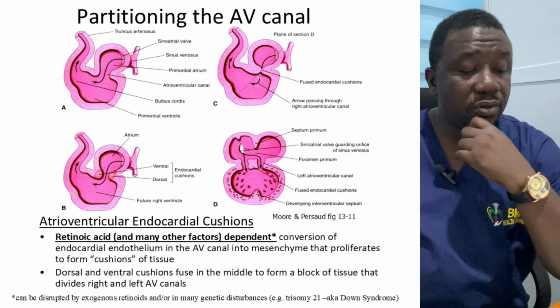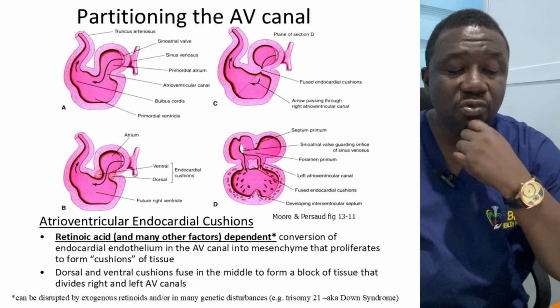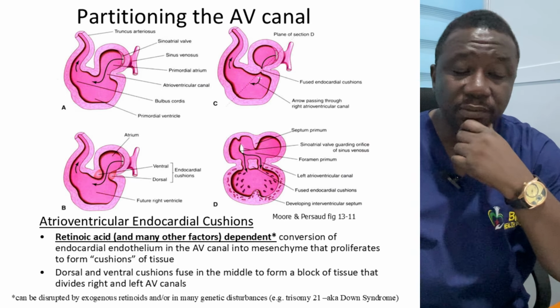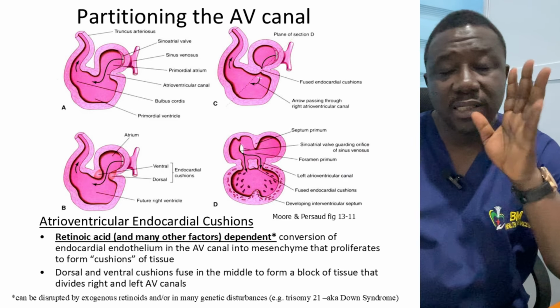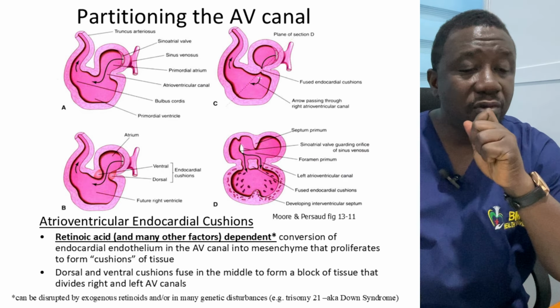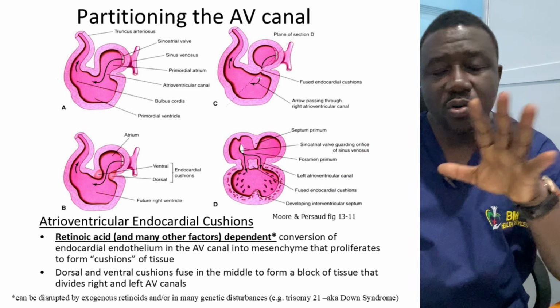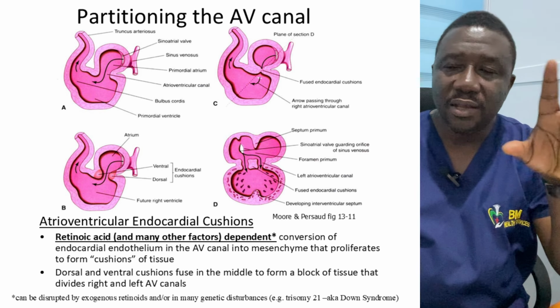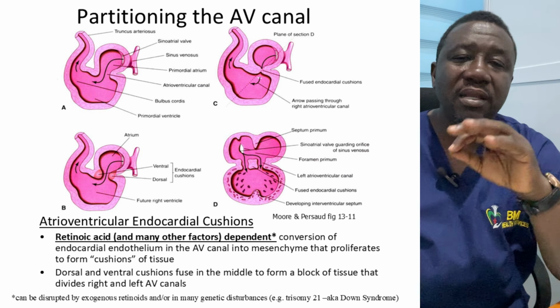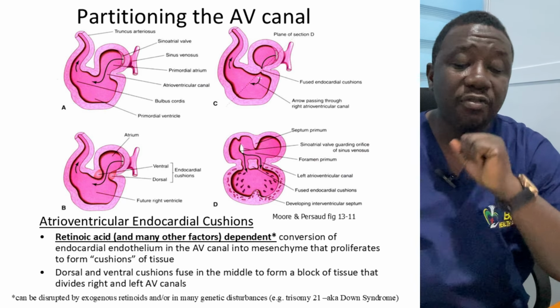So this is the atrioventricular endocardial cushioning. Okay, so this formation is important. If you look at A, B, and C, it's a stepwise aspect showing how the valves, how the ventricles, and how the atrium are formed. Okay.